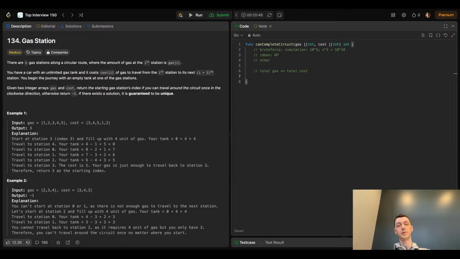Let's take a simple case: there is one station that's super positive, and like a thousand others that are negative. You can start with that positive and get through. Like 99 negative and 1 positive, you just start with that one positive, and you'll have enough to go through the negatives.